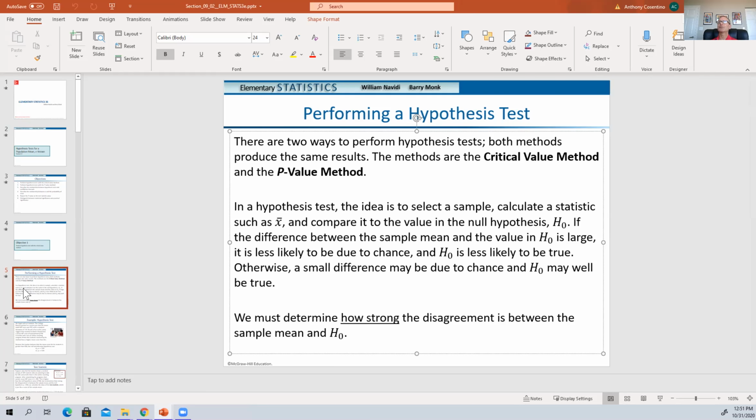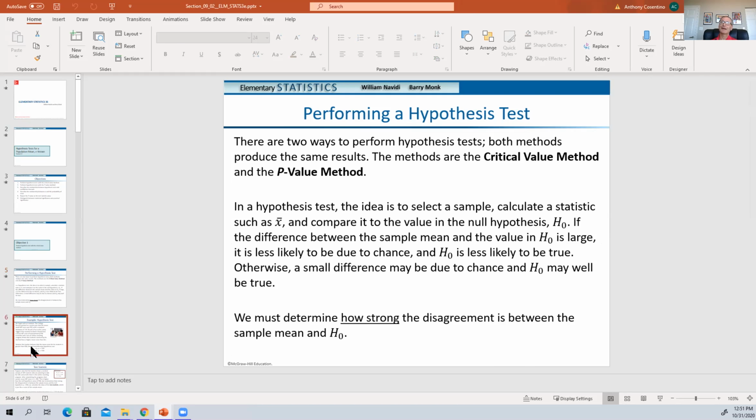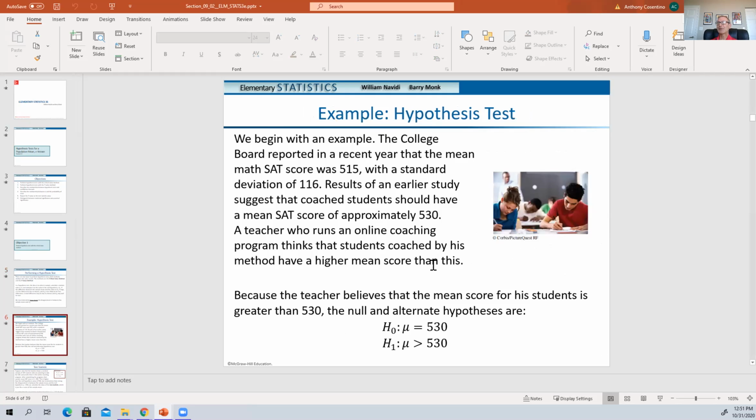So the first thing we're going to do are the Z-scores, which I actually personally like. So let's take this as an example, and we'll walk through this calculation where it says, the College Board reported recently that the mean SAT was 550 with a standard deviation of 160. Population mean, population standard deviation.